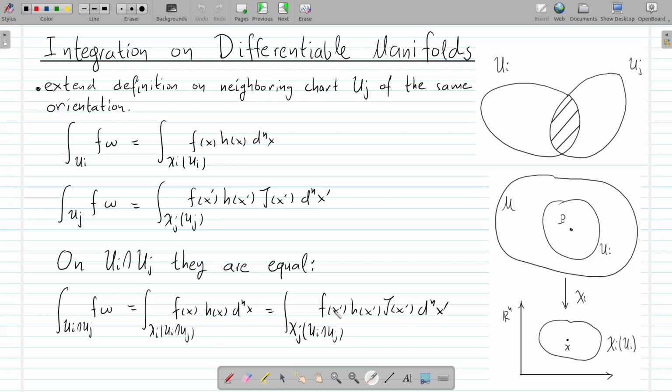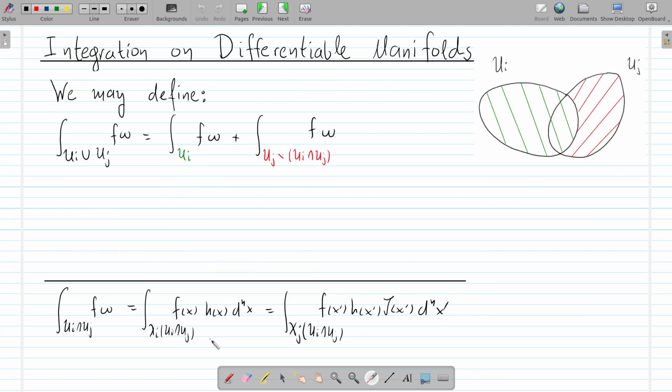But we know from ordinary calculus that the result of this integral and the result of that integral is identical. So if we want to say what is the integral of f times omega over the union of the sets, we can, for example, compute the integral over ui plus the integral of f omega on the complement of the intersection with respect to uj.